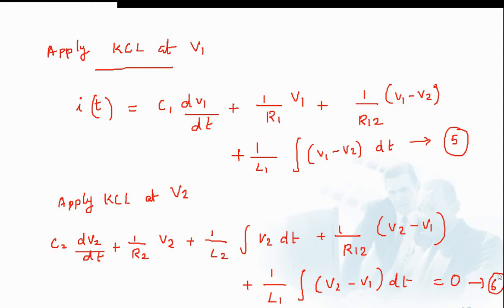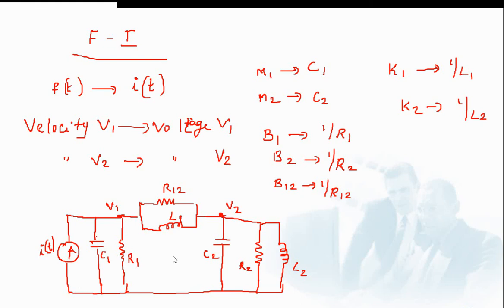So this is the dynamical equation corresponding to the force current analogy. You can write this equation directly by applying KCL at node 1 and node 2 in this figure. Also, you can get this equation by substituting these parameters in equation number 1 and 2, that is, in the dynamic equation of the mechanical system.